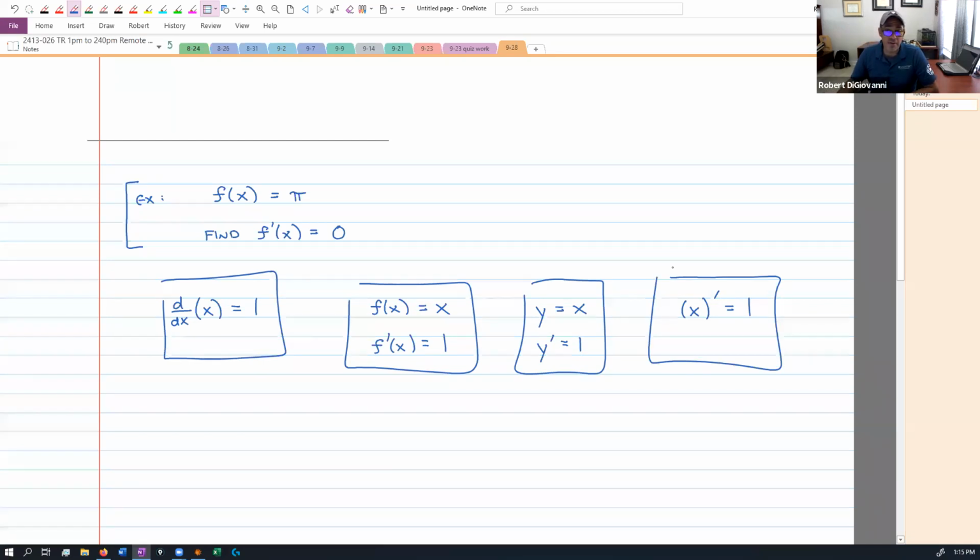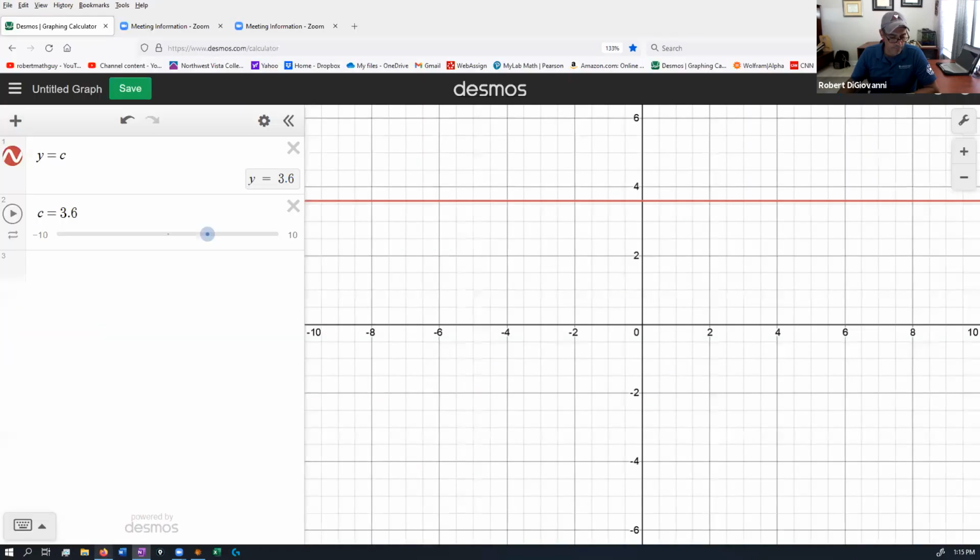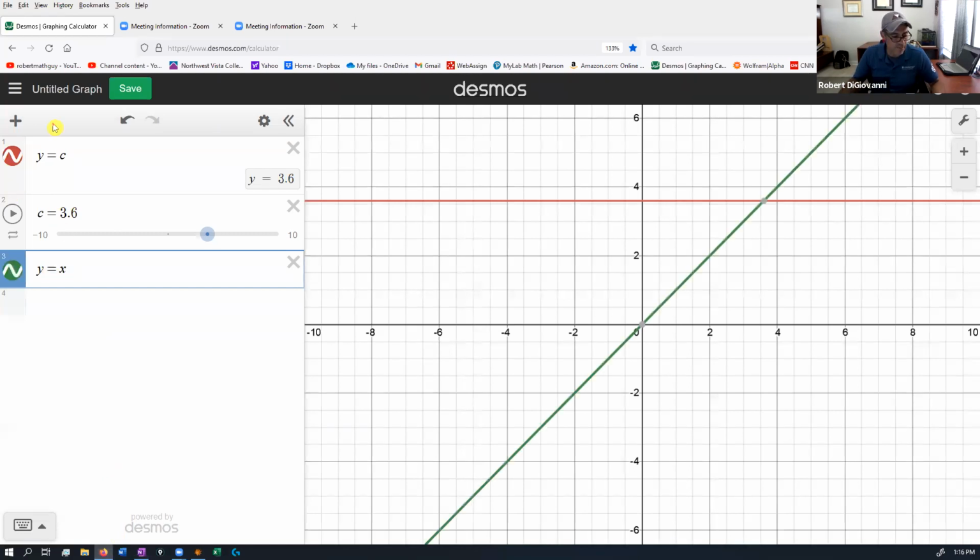Let's convince ourselves. Let's graph y equals x. I think this one's easy to understand also, because if I graph y equals x, we should all recognize that from college algebra as the identity function. It's that perfect diagonal line.